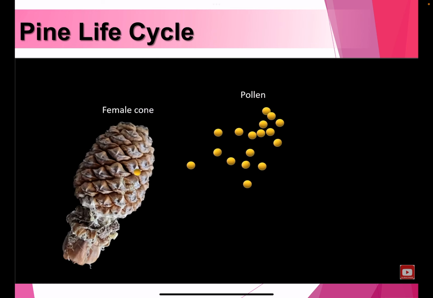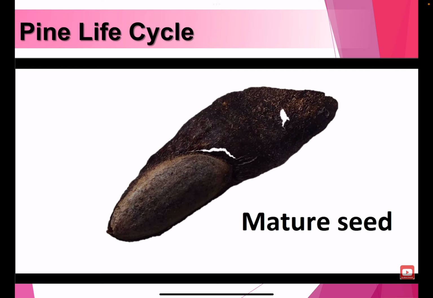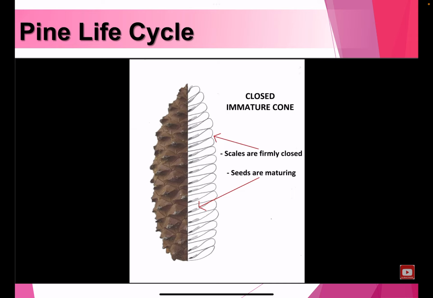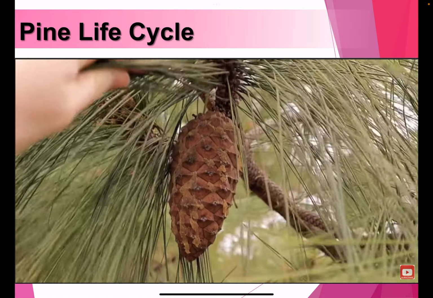Pollen drifting through the air randomly finds its way inside the female cone through small openings. After the pollen is received, the female cone closes completely, while the sperm produced by the pollen joins with the ovule. This is called fertilization, and it will result in a seed. The cone stays closed to protect the new seed inside during its development, a process that takes 2 to 3 years. During this time, the cone grows in size, but stays firmly closed. You might notice female cones of different ages all on the same tree.